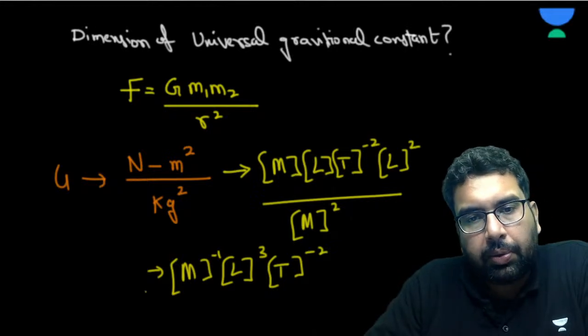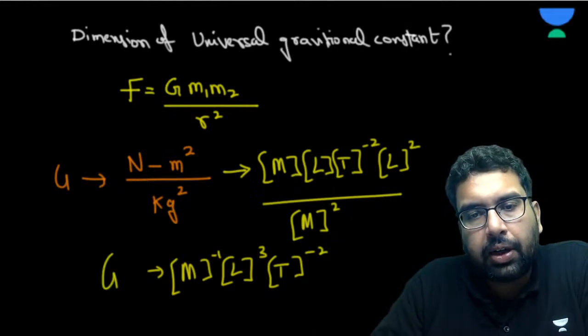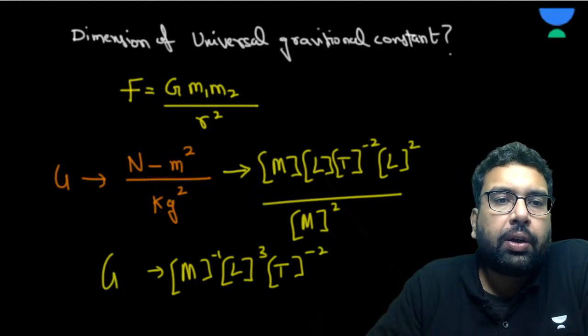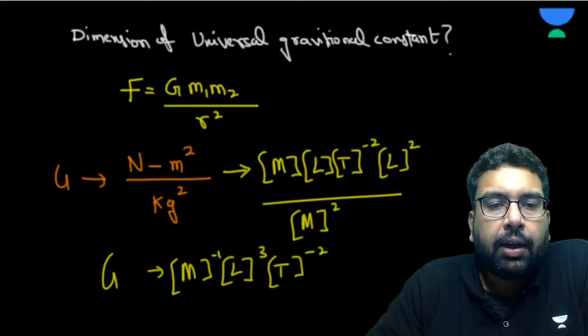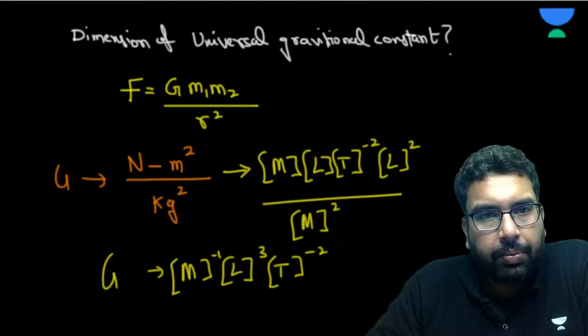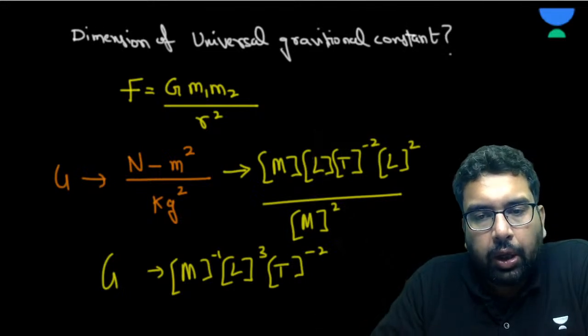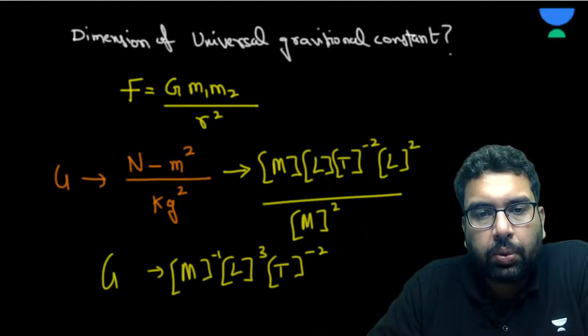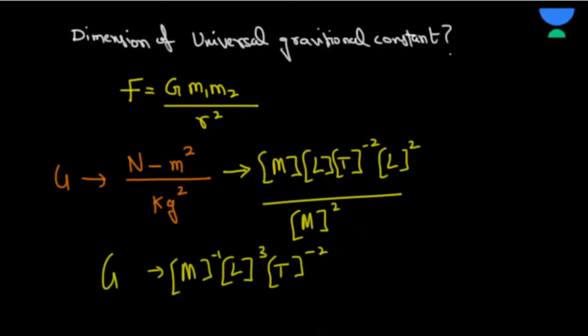So what is going to be the dimension of the universal gravitational constant? It is M minus 1 L cube T minus 2. Understood, beta? If you are asked about the dimension of any physical quantity, you must know its formula. If you know the formula, by simple algebraic calculation you can get the unit and then the dimension, or vice versa.